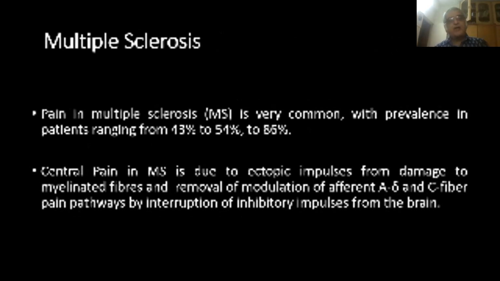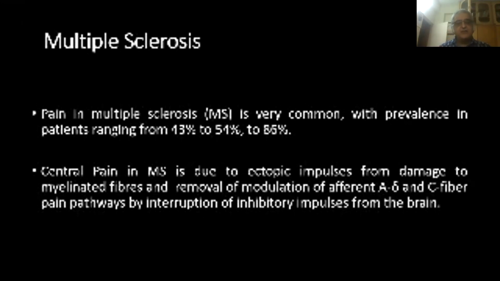So after stroke, I come to multiple sclerosis. Last time Rahul talked very nicely about it, but basically it is the same. It is common. In fact, in MS patients, some of them are very well controlled, but some of them keep on complaining of this nagging pain. And sometimes we have to analyze whether it is really a new attack which is coming on, or it is part of the baseline pain because of the damage.